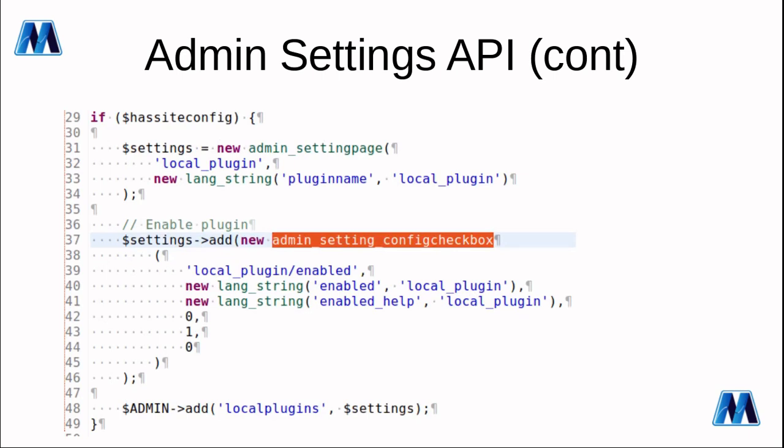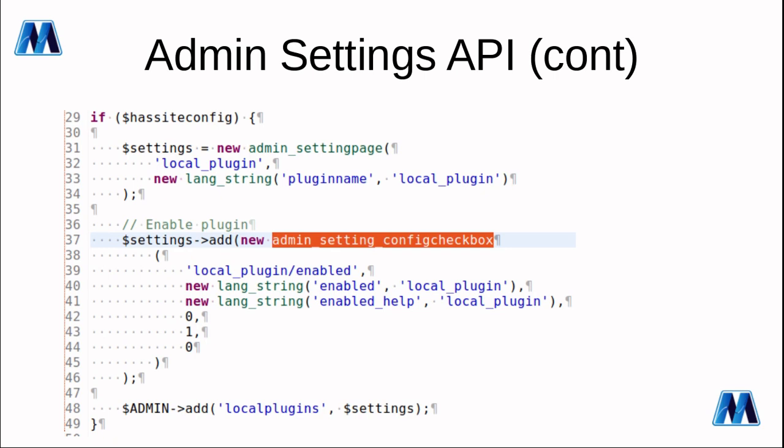Here's an example of that. So this is checking if the user has site admin configuration capabilities, and you create a new admin settings page for the plugin. So this is an example local plugin, and then you enable the plugin by maybe defining your settings.